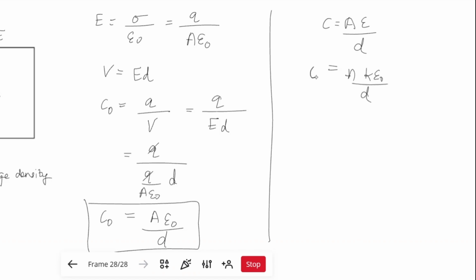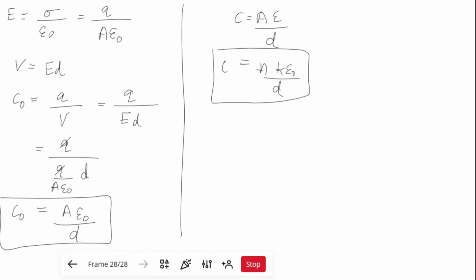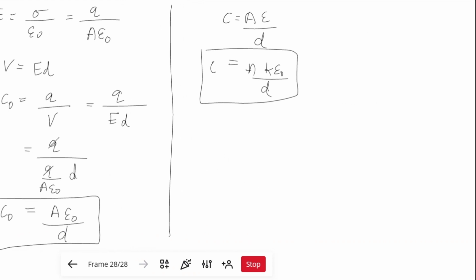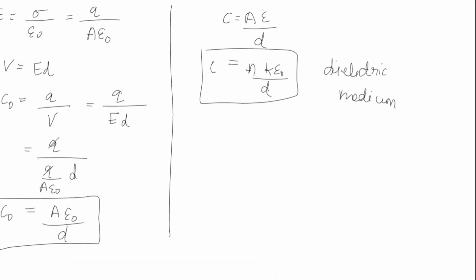So C is K epsilon naught A by d. This is the capacitance for a dielectric medium between the plates, where epsilon is the permittivity of the medium, K is the dielectric constant of the medium, and epsilon naught is the permittivity of free space.